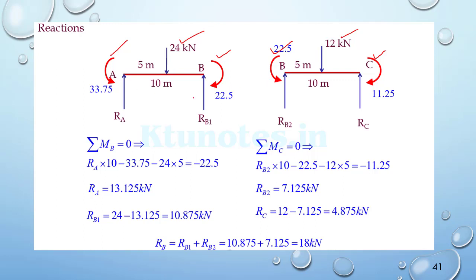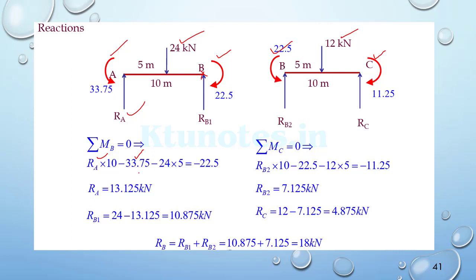So taking the condition sigma moment at B is equal to 0, we have Ra into 10 minus 33.75, because this Ra into 10 will be the clockwise moment, so taken positive, then minus 33.75 being anti-clockwise.